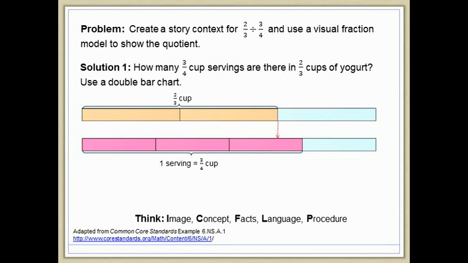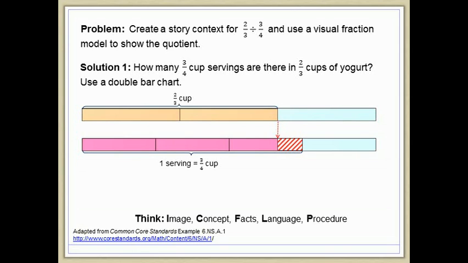Specifically, what we need to know is what part of this pink does this tan represent? And so we look at this area right in here, which is the key idea. We have this excess amount here. Here is 1 full cup, 2/3 cup, and the important value is what's left over.